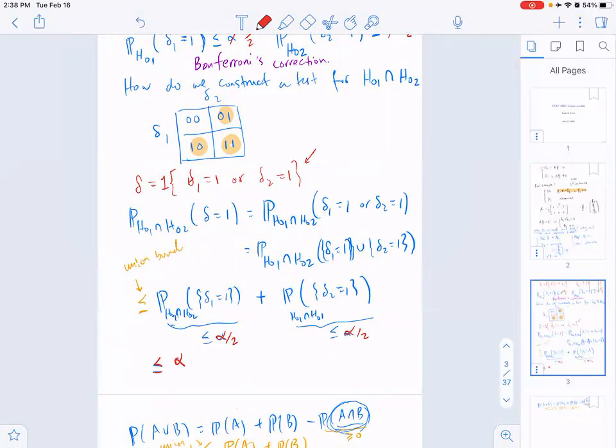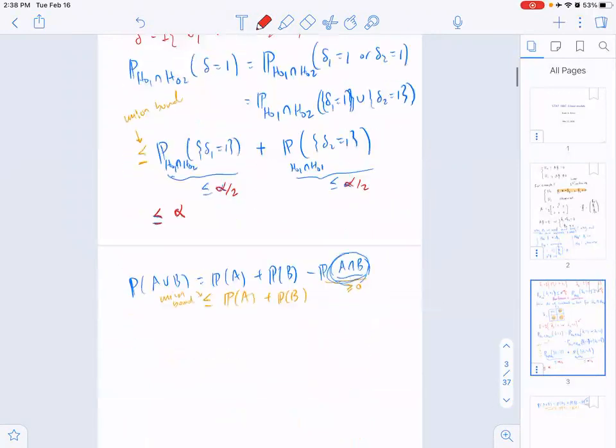What if I had tested 3 hypotheses simultaneously? How do we do the correction? So this in general holds: the probability of the union over i from 1 to n of A_i is bounded by the summation over i from 1 to n of P(A_i).